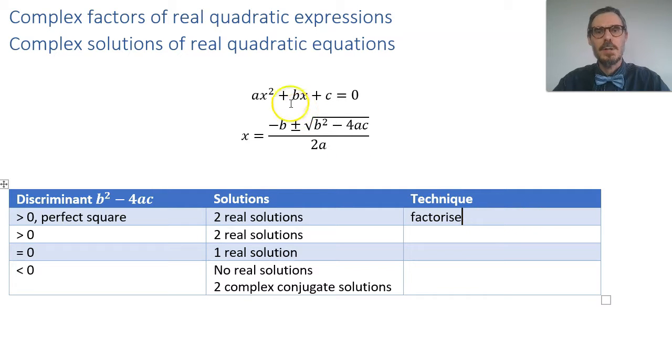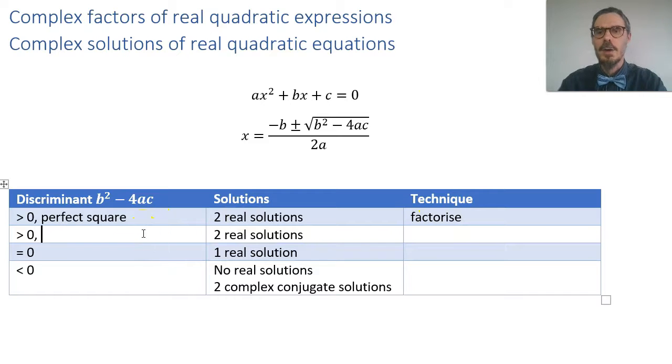That means look for two numbers that multiply to AC and add to B. Split up the B term into two parts and factorise. If you need practice at that, I'll try and provide some links for you.